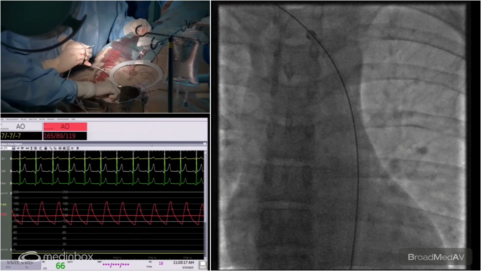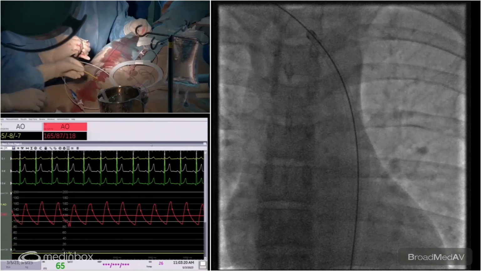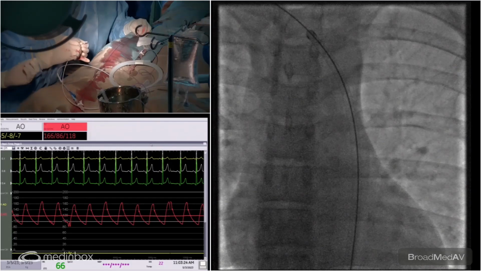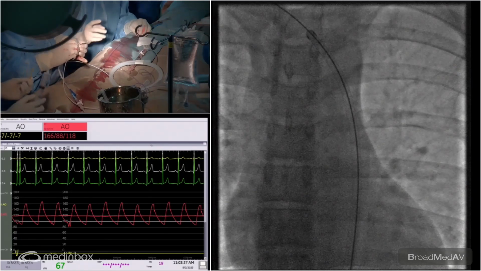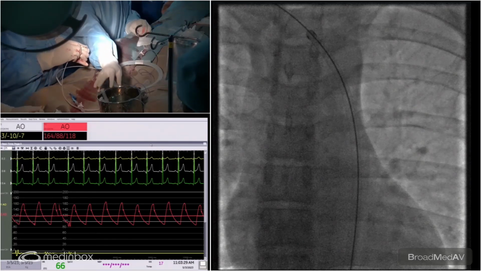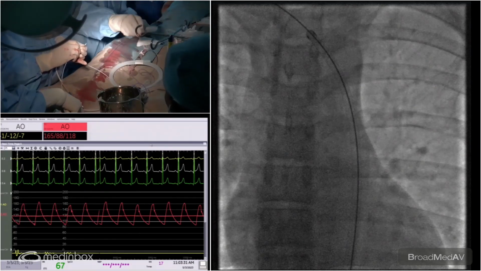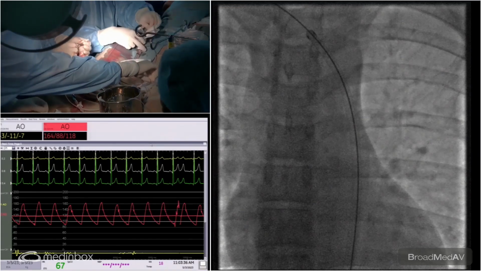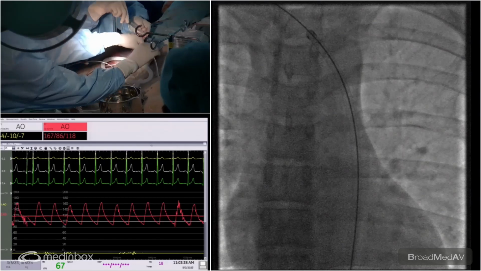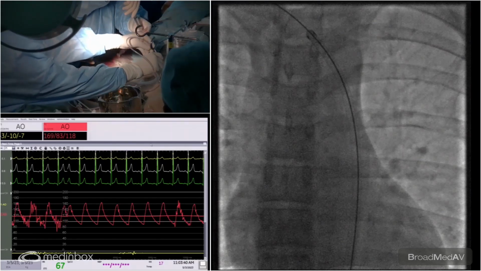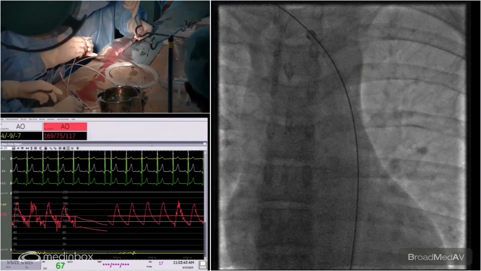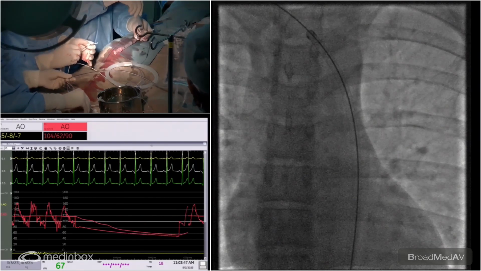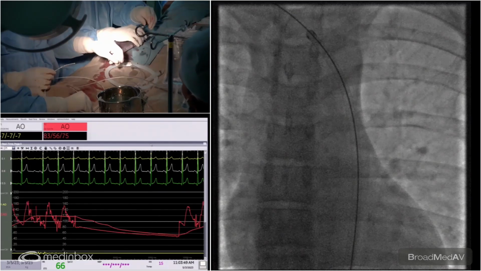There are people who use mechanical crimpers for this, like for example the type of crimpers that are used in the Edwards Sapien S3 valve, or some people will use umbilical tape to give a good crimping of the stent to the balloon. Here I am primarily using manual crimping. So it's fairly secure.